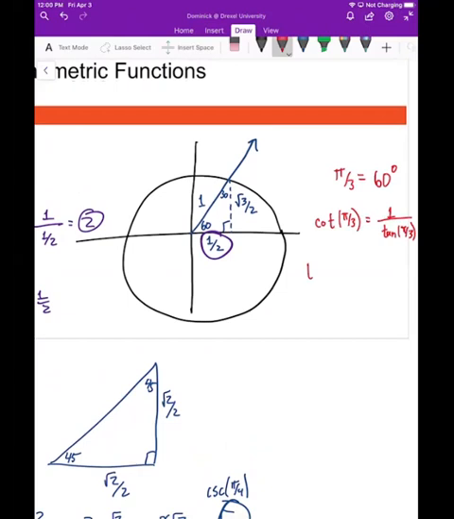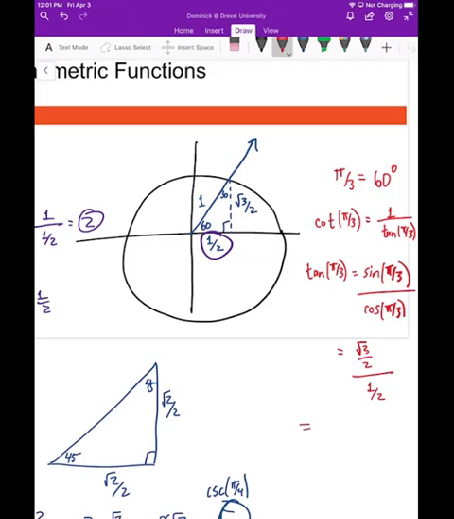So tangent of pi over 3, again, is sine over cosine. And the sine of pi over 3, or sine of 60 degrees, is square root of 3 over 2. And the cosine, we just said a second ago, is 1/2.